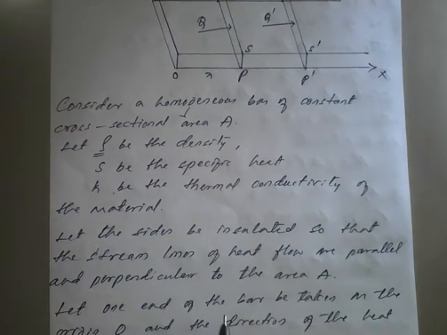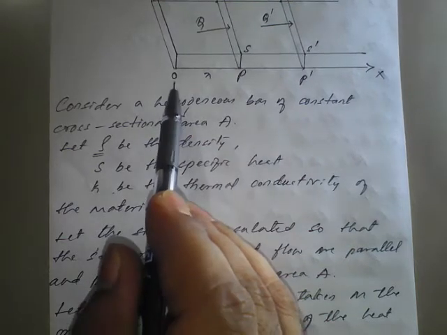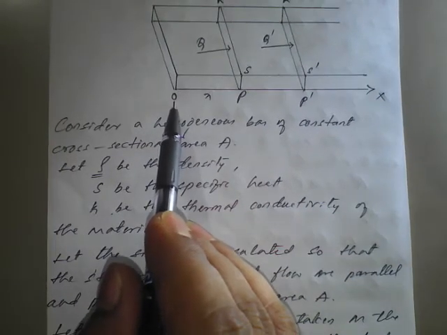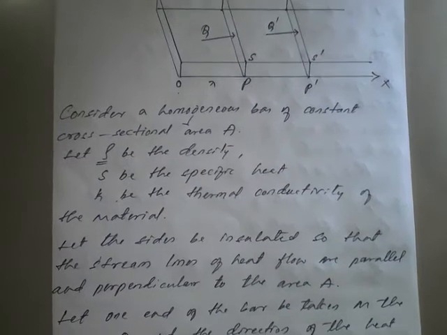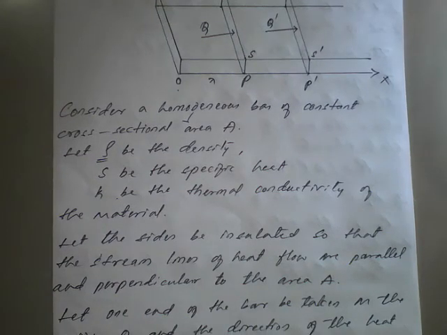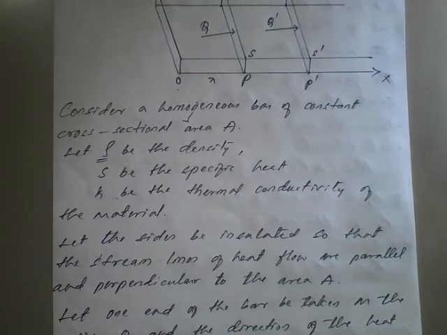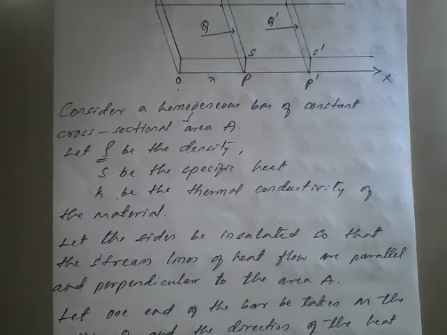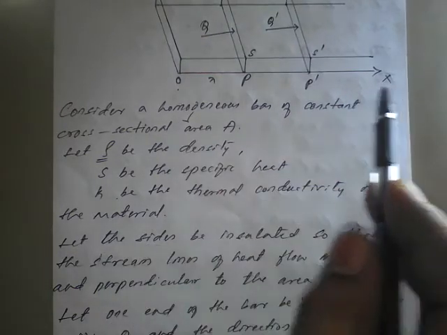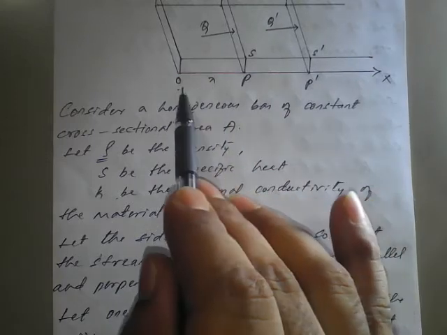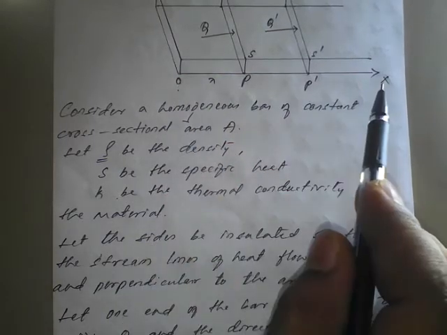Let one end of the bar be taken as the origin O. This is the origin O, and the direction of the heat flow be the positive x-axis. Towards this way the heat will flow, from 0 towards x.